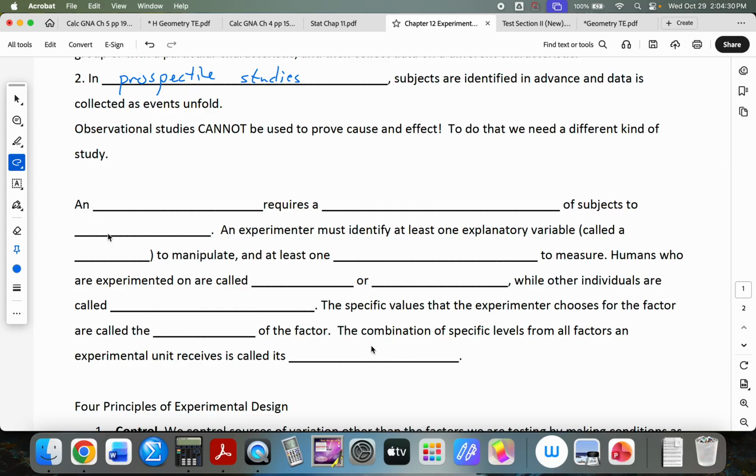On the other hand, an experiment requires a random assignment of subjects to treatments.